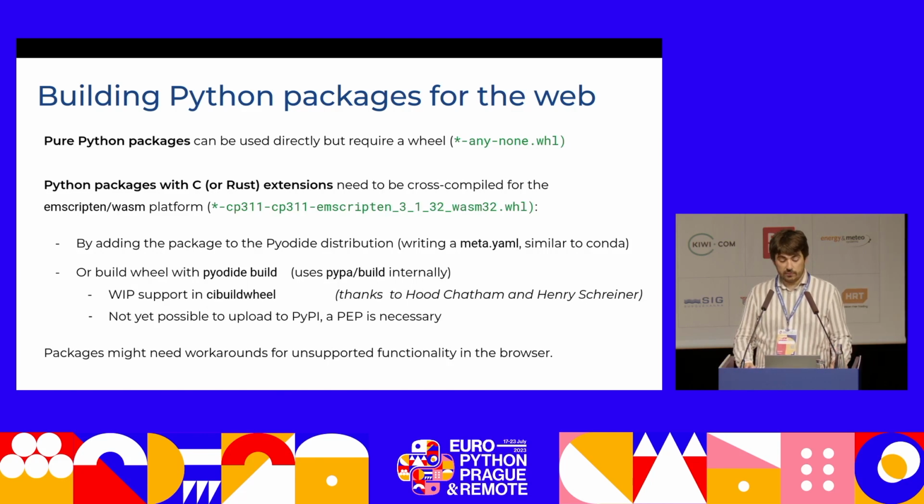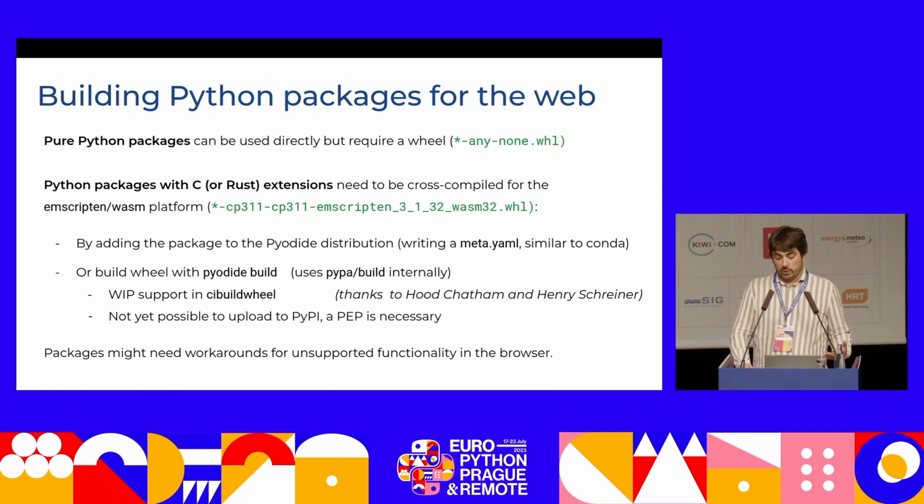There are two ways of doing this. The first way is by adding it to the Pyodide distribution, which involves writing a meta YAML file, which is fairly inspired by Conda. If you do that, then you will be able to use it through Pyodide. The second way is using pyodide build, which is this new tool that we designed, which essentially wraps PyPA build, the standard way of building wheels in Python.